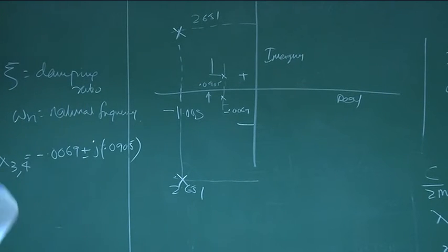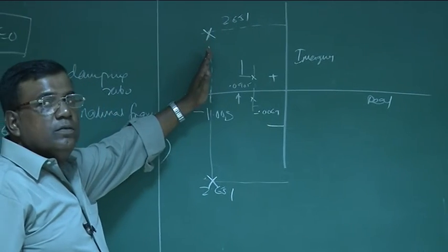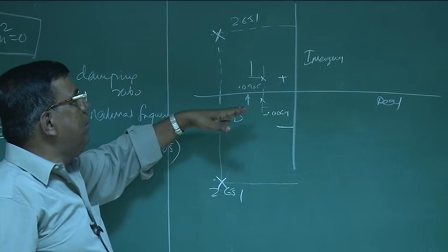So immediately you could see that if roots are displayed like this, you immediately know this is one complex conjugate, one complex conjugate. So there are two pairs of complex conjugates.